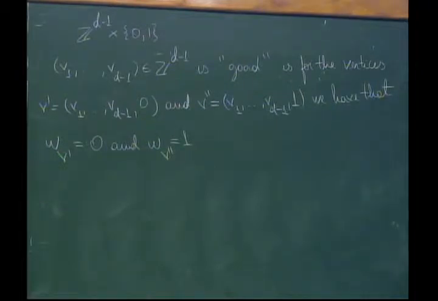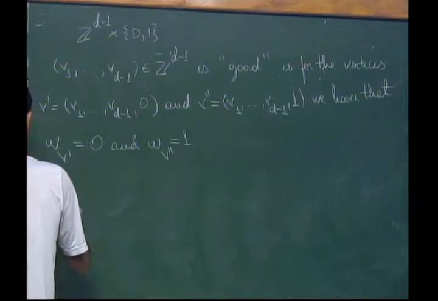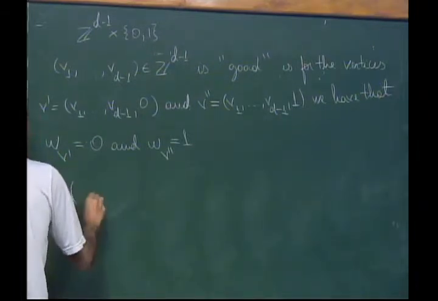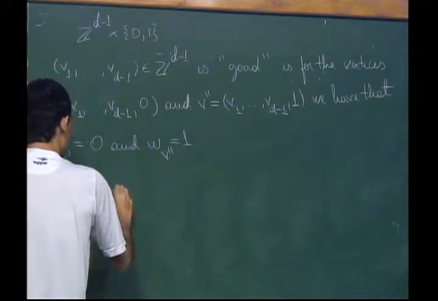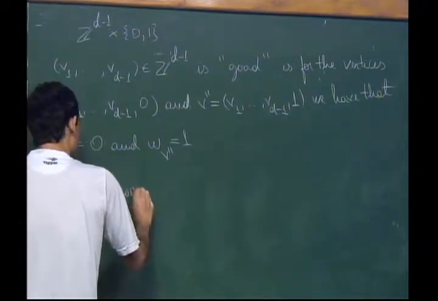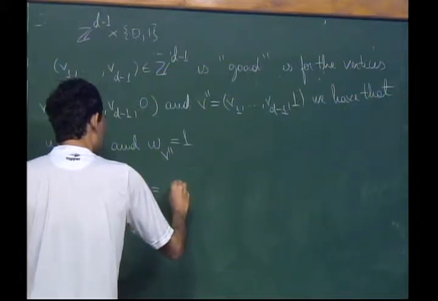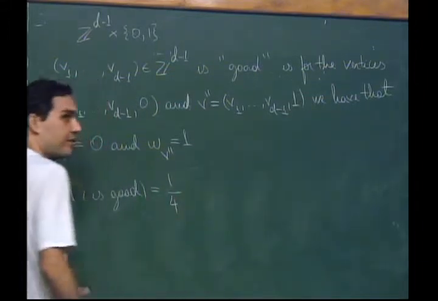Then observe that when p is 1/2, the probability that some vertex v is good is 1/4.